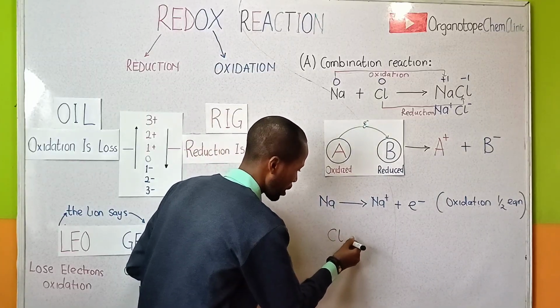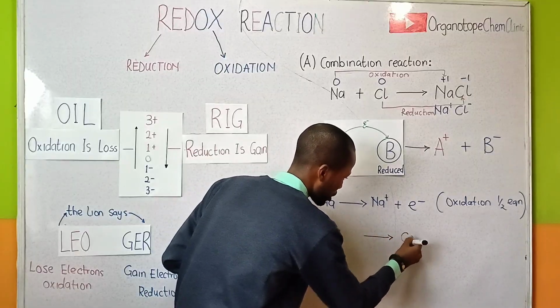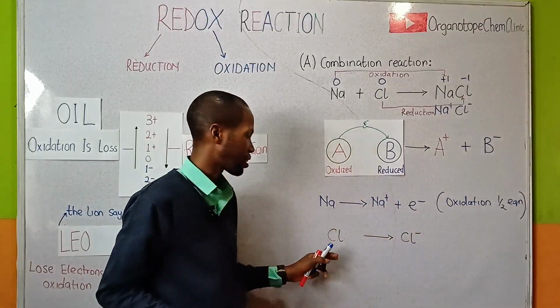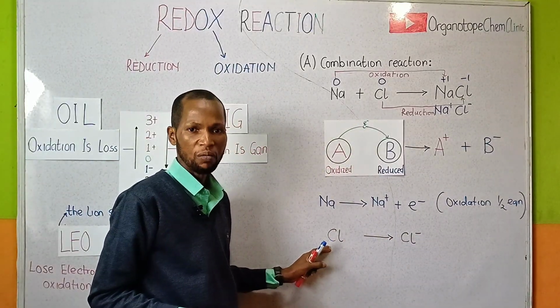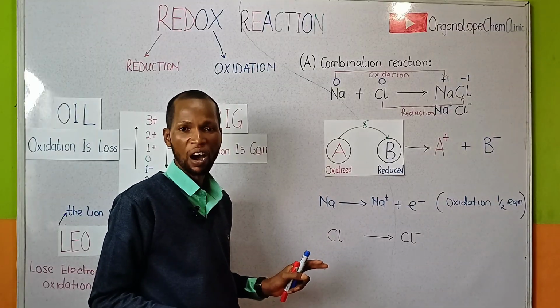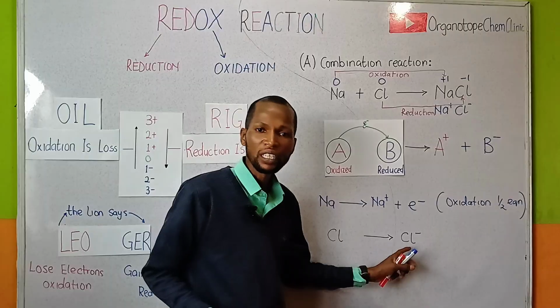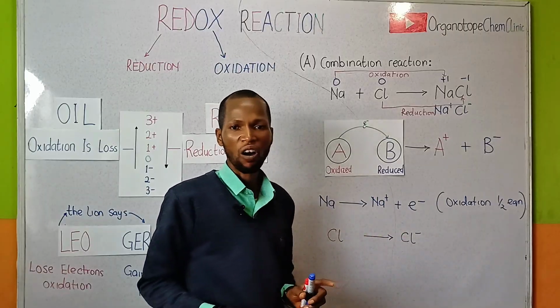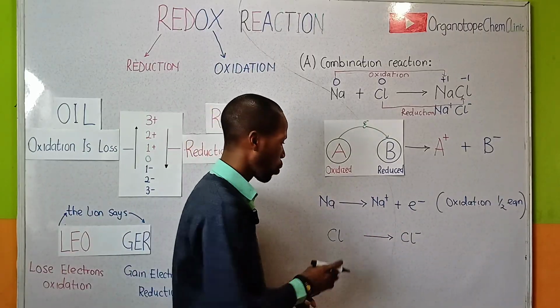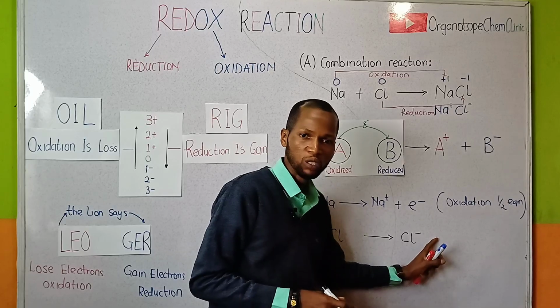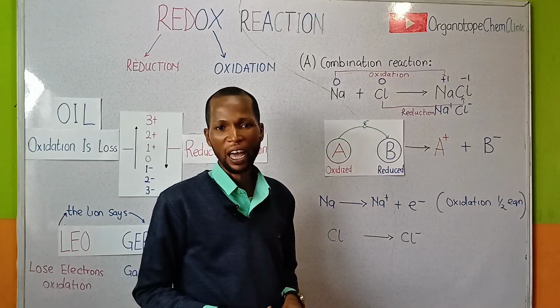Can we take the second half equation, which is the reduction half equation? I have Cl going to Cl-. That is, the parent chlorine atom right here has oxidation number of what? 0. That's right. So the chlorine right here has oxidation number of -1. So we have 0 to -1. Where do we add our electron?